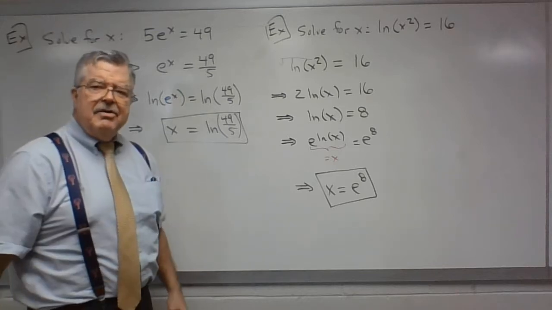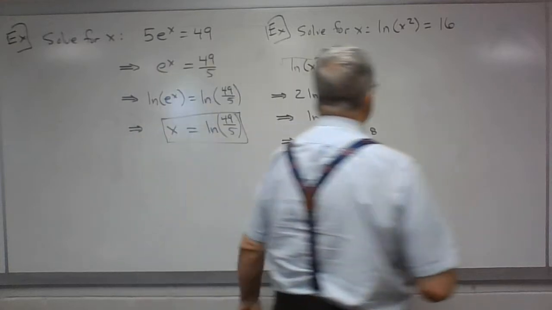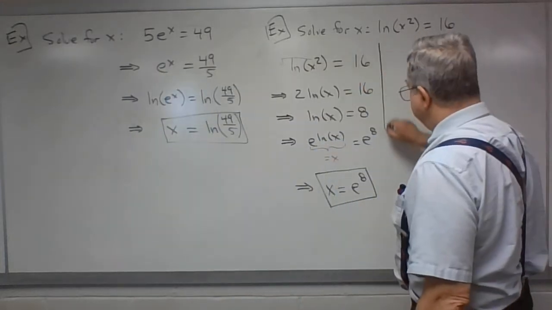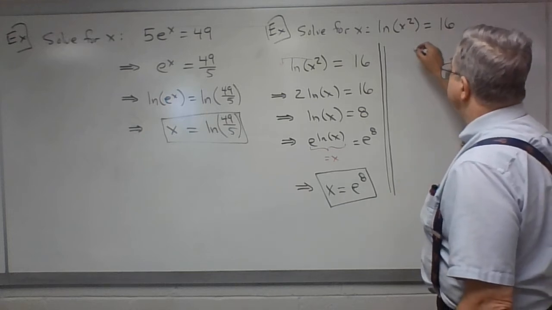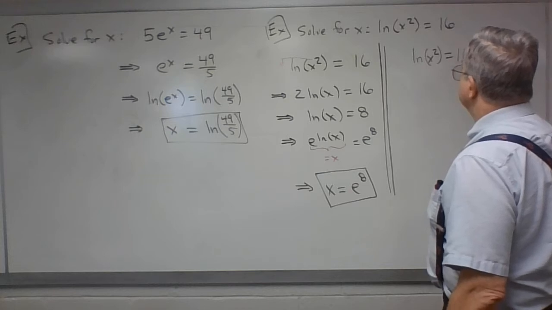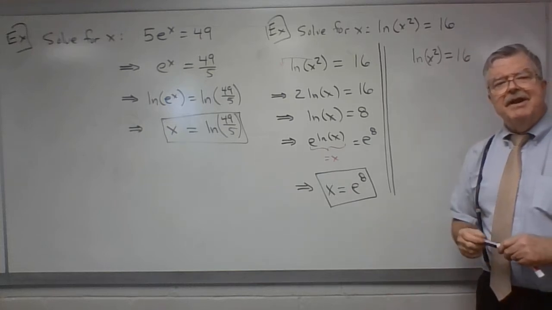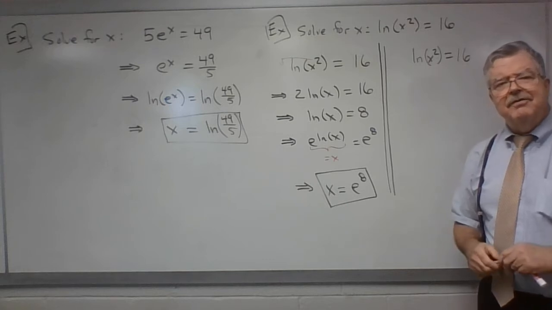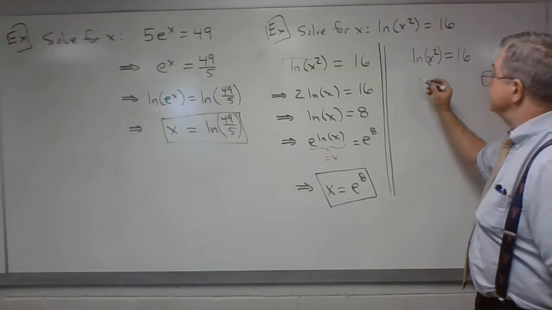I mentioned I could have done this a different way. So let me do it that way right now. What I could have done is I could have gotten rid of the natural logarithm function first, using its inverse, the exponential function.